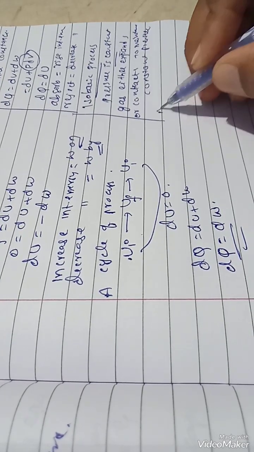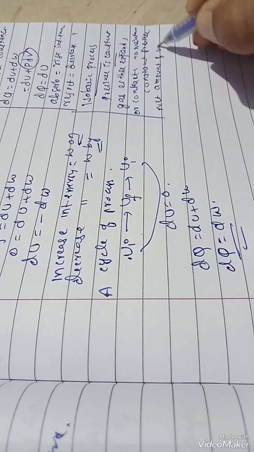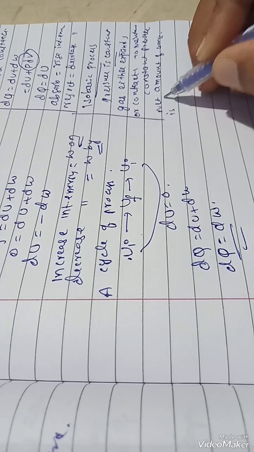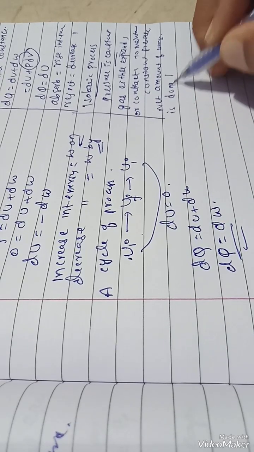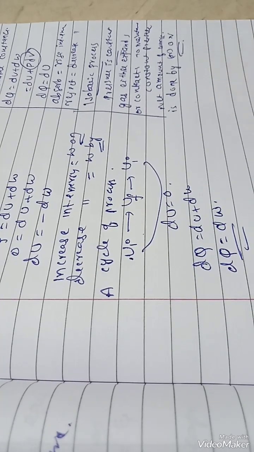So hence net amount of work is done by system or on the system.